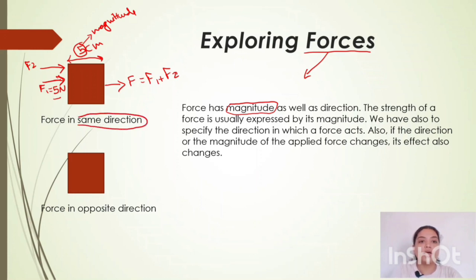Now the question arises: what will happen if the forces are not applied in the same direction? Here I have a block. Again, I apply F1 amount of force from this direction, whereas I apply F2 amount of force from another direction. Here you can clearly see that both forces have different directions.